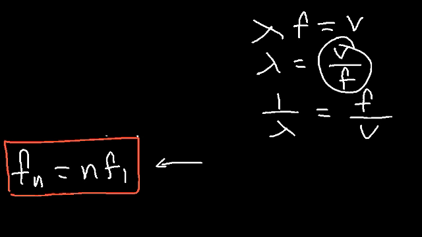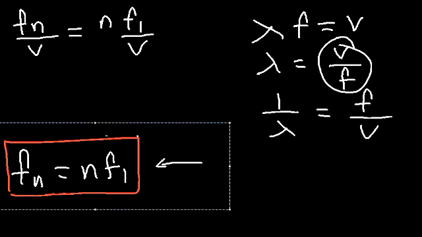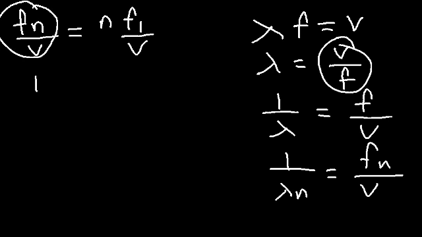So from this equation, I'm going to divide both sides by V. So Fn divided by V is equal to n times F1 divided by V. One over lambda n is equal to Fn divided by V. So we can replace this with 1 over lambda n.